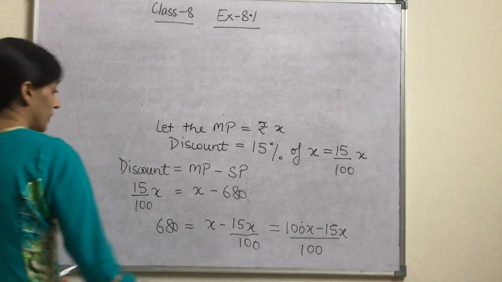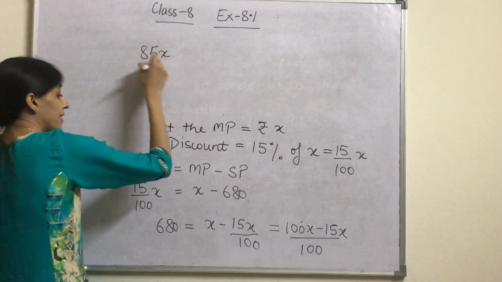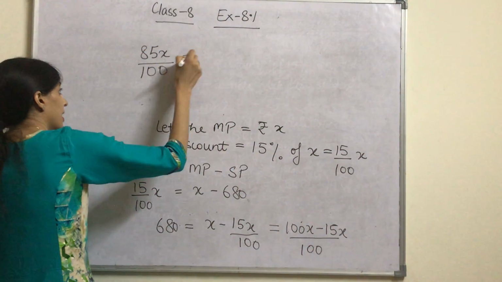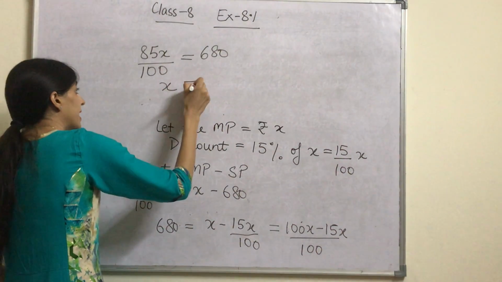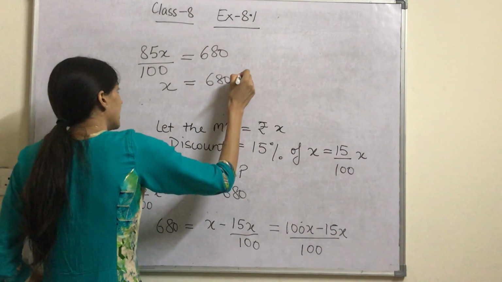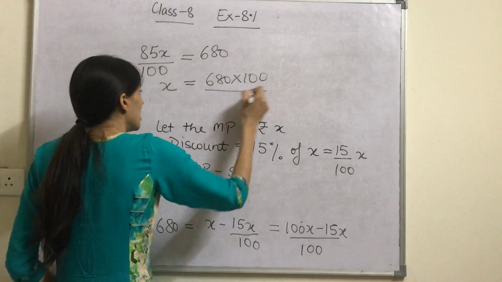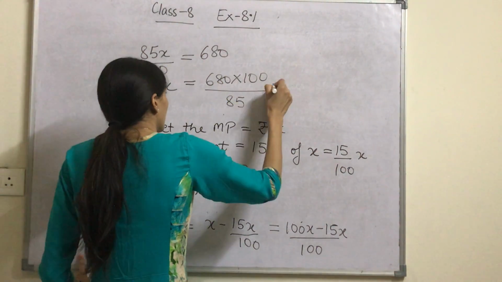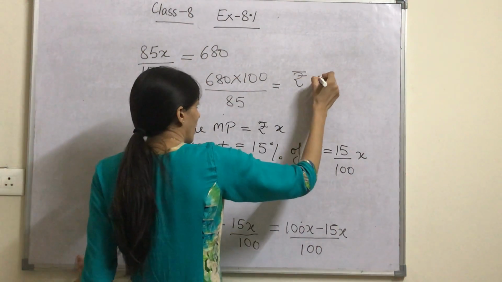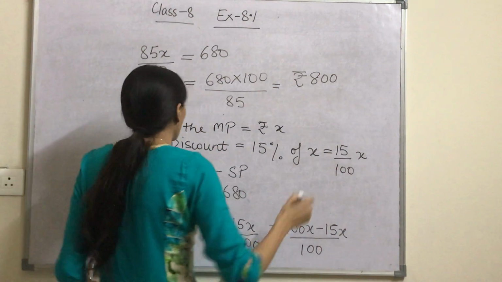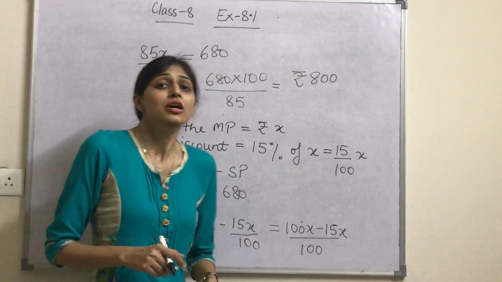Now, 100x minus 15x is 85x upon 100 is equal to 680. This becomes x equals 680 into 100. This goes to the numerator. This comes in the denominator. When you cut down, the value comes out to be 800. So this is your mark price which we had to find out.